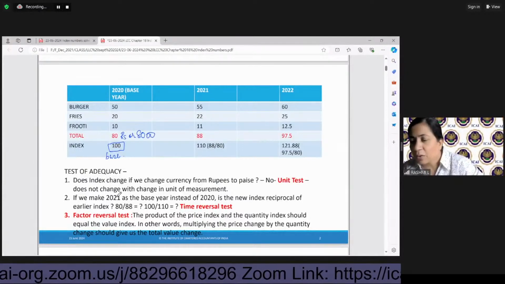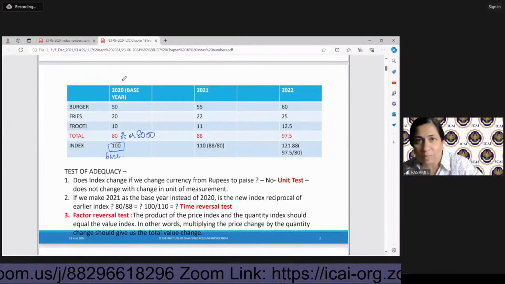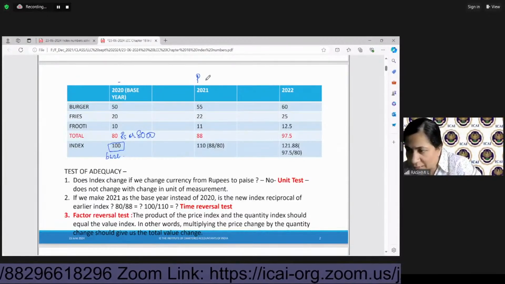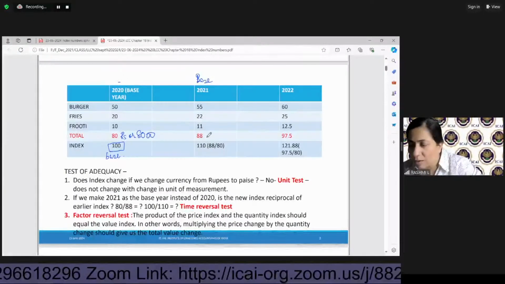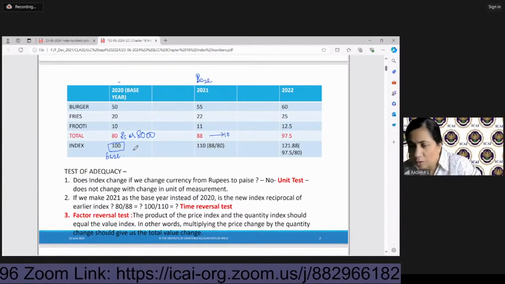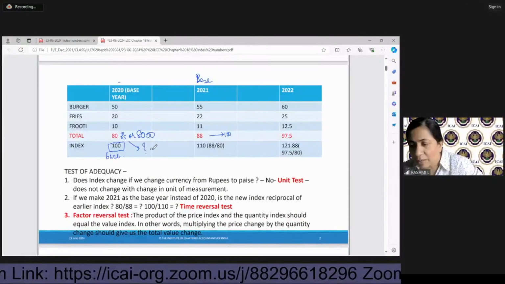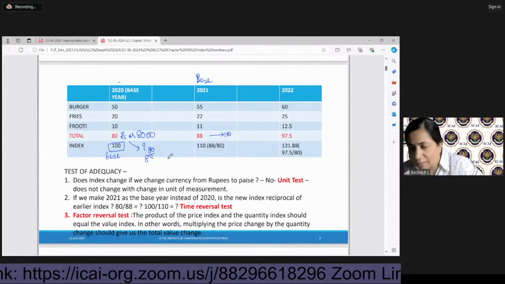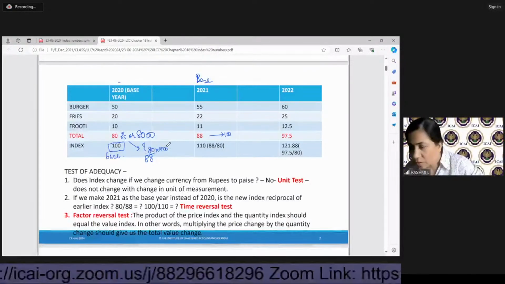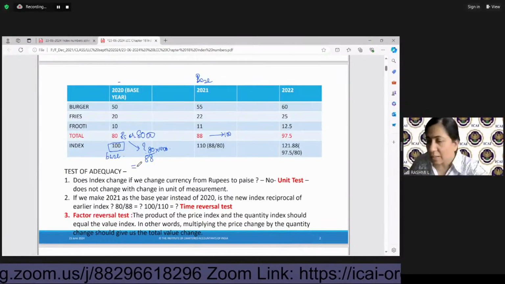Now, in this year 2020, I took this as base and compared this with this. What happens if I take this year as base? Then 88 I will have to take as 100. What will happen to this 80 then? It will be 80 upon 88 into 100. So how much do I get? 80 upon 88 into 100?